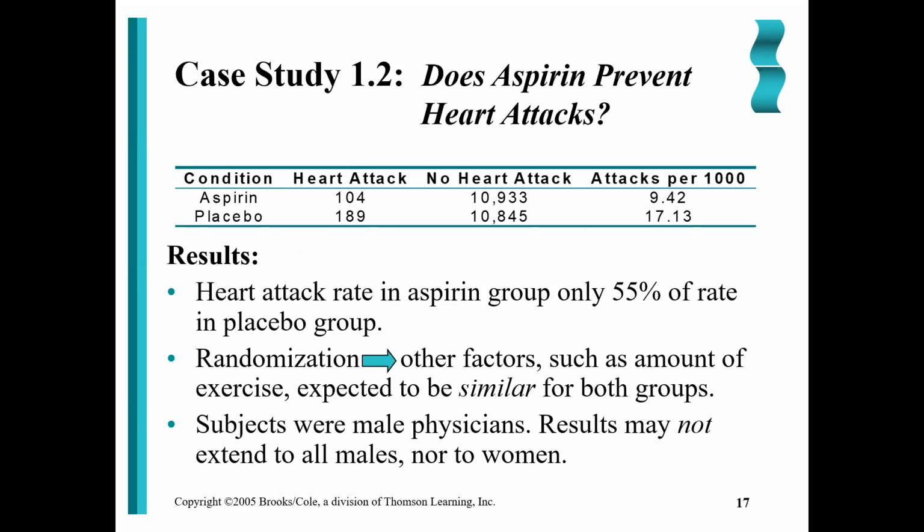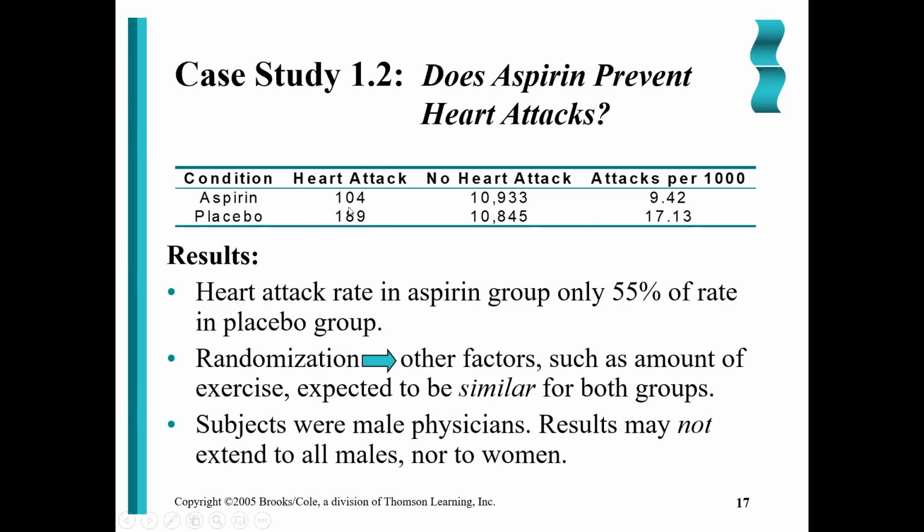We can also call it a frequency table. Basically, we have different categories here. We have the type, whether a person had a heart attack or no heart attack, and then the treatment. Did they get an aspirin or did they get this fake aspirin called a placebo? And then we count the number of people in these groups, right? There's 4 groups. There's people who took aspirin and had a heart attack. There's people who took aspirin and had no heart attack, like that.